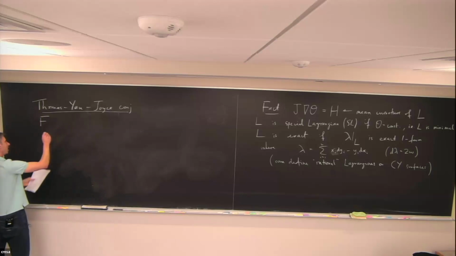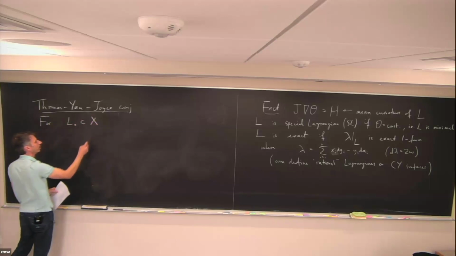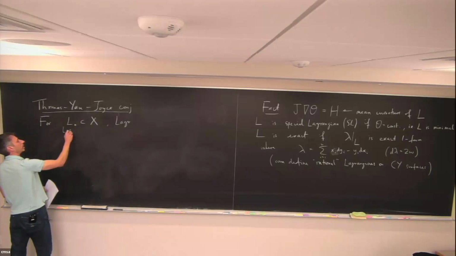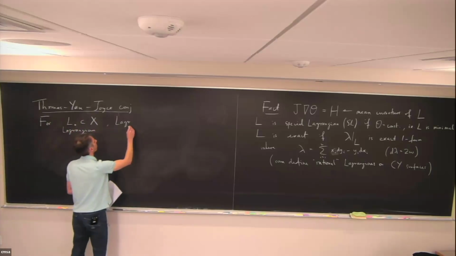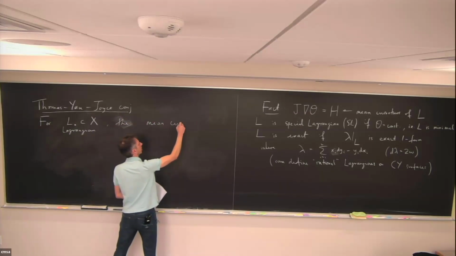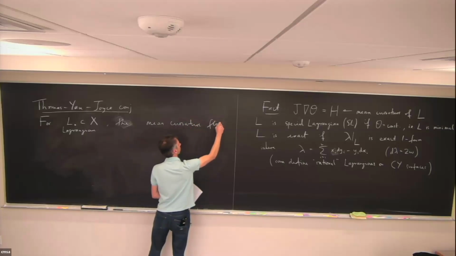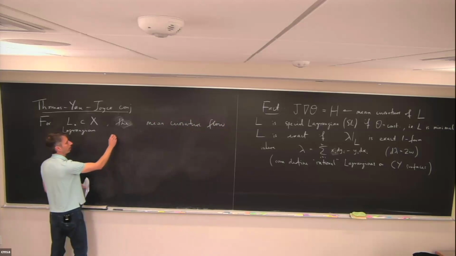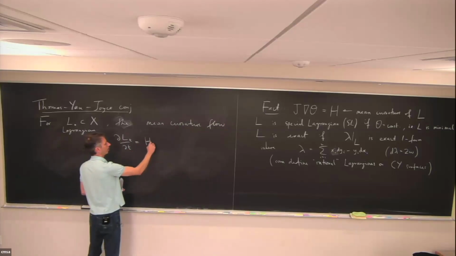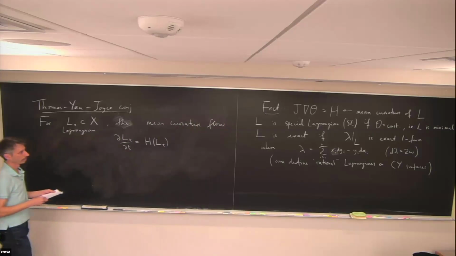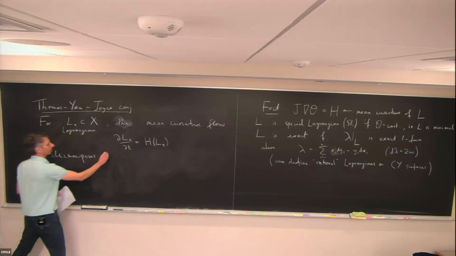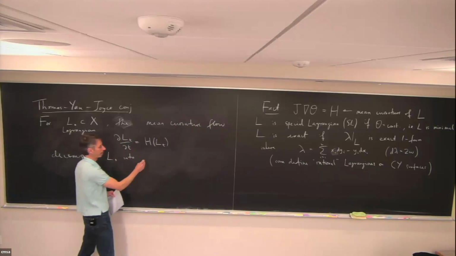We can summarize this whole program as saying that if you take any initial Lagrangian L0, in C² or in the Calabi-Yau, the mean curvature flow, which is just the evolution equation where you evolve submanifolds in the direction of their mean curvature, should decompose this L0 into special Lagrangians.